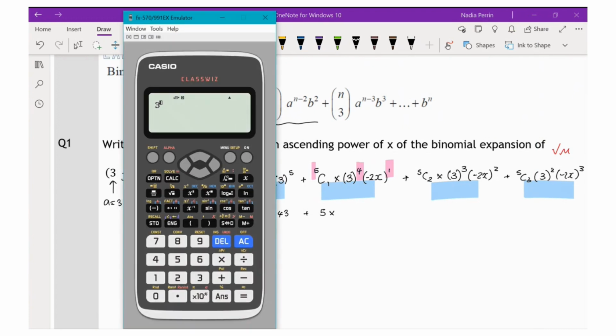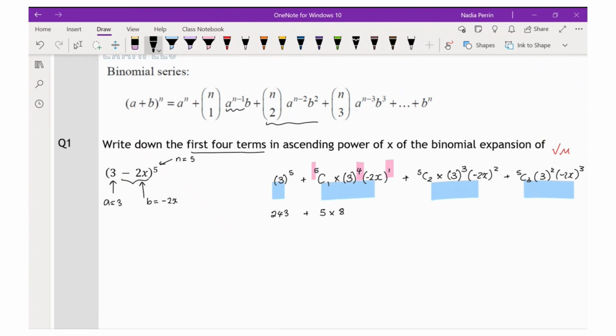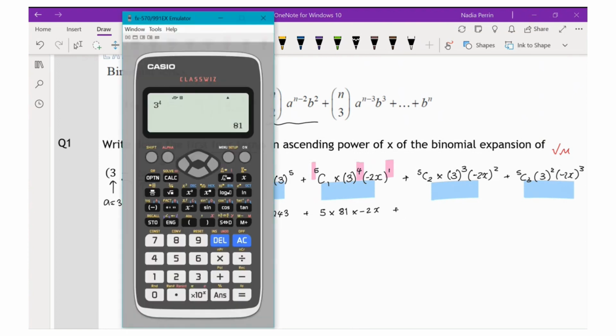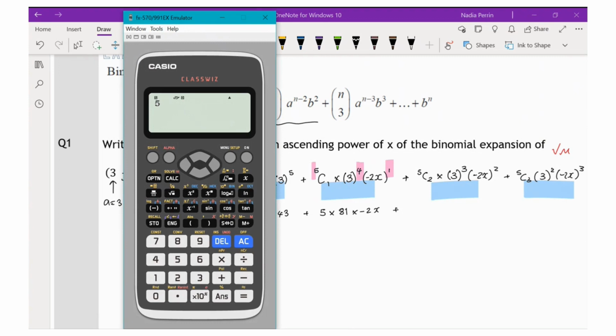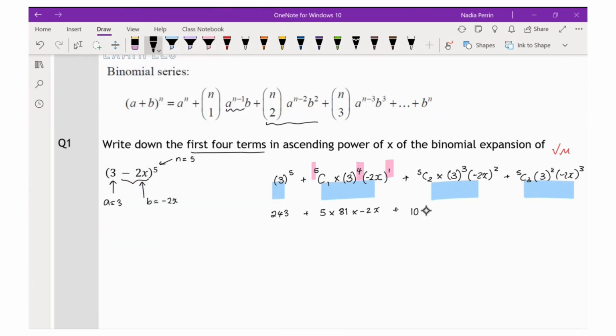I'm going to do 3 to the power of 4, which is 81. And then it's timesing by -2x, because when I do that to the power of 1, nothing happens. Going on to 5c2, which I think is 10. Yeah, so we've got 10, 3 to the power of 3 is 27.